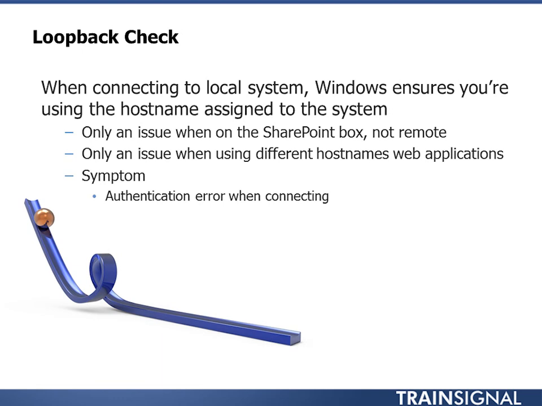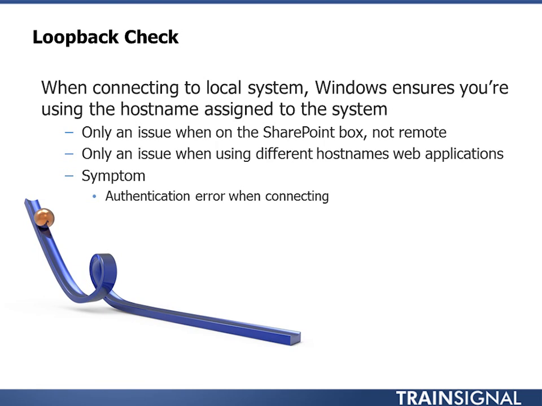What the loopback check is going to do is whenever I connect to a system, one of the first things that Windows is going to do is check to see whether or not I'm connecting to the local system. And if I am, then it's going to check to see whether or not the host name that I'm using is the name that's been assigned to the system. So in my case, for example, the name of my system is SharePoint 2013.